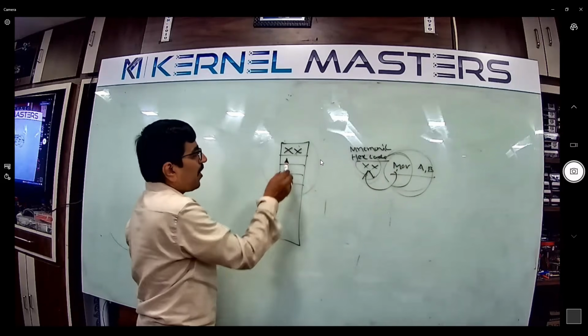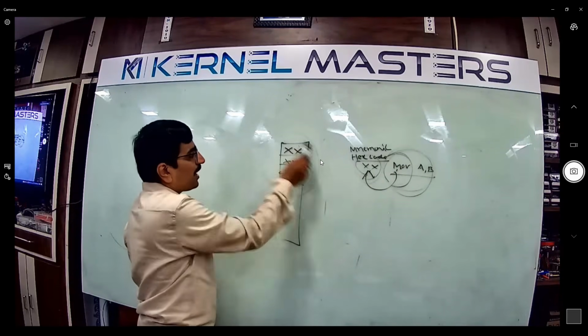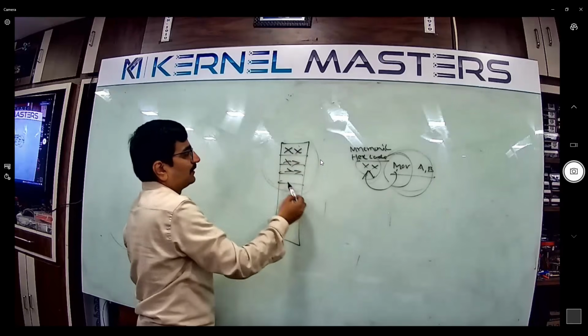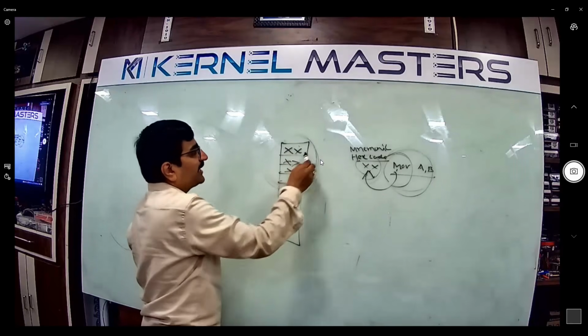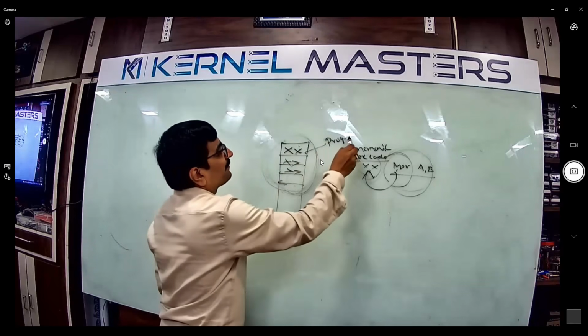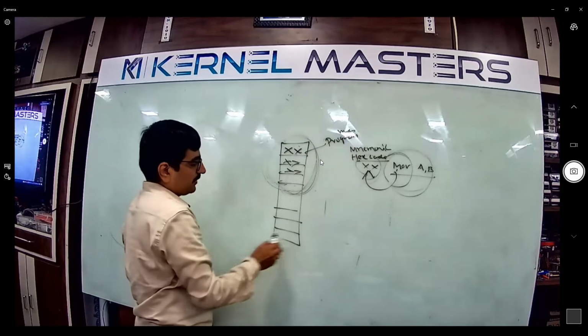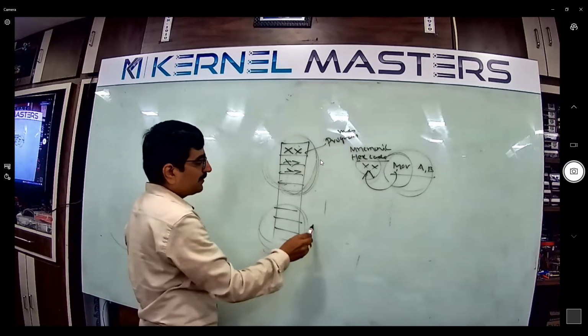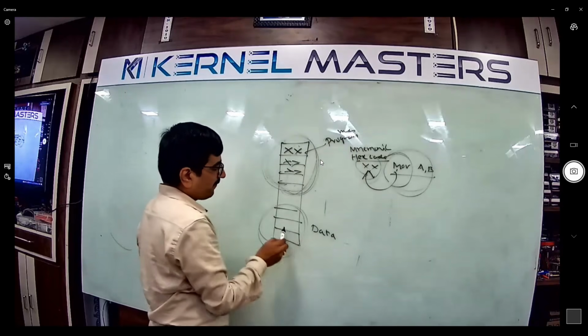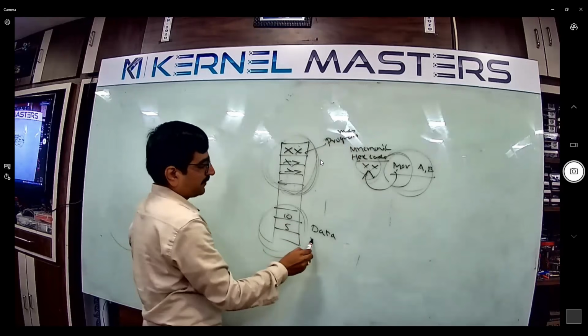This area, all hexcode, contains the program, the mnemonic codes the processor understands. This area is called program memory. Some other location holds data, like 5 or 10. That is the data memory.